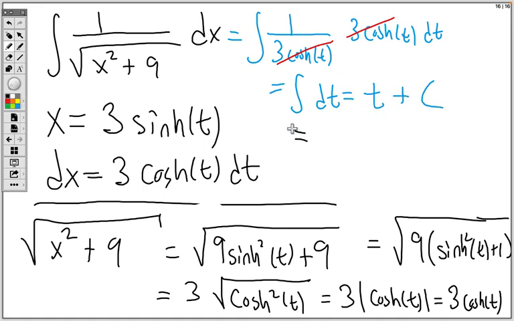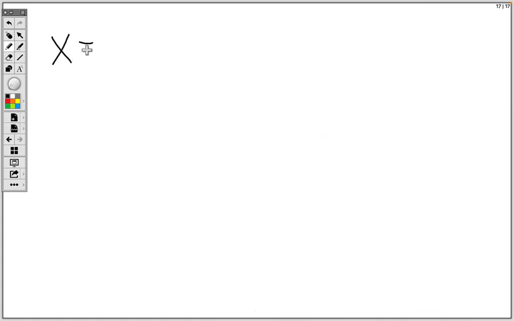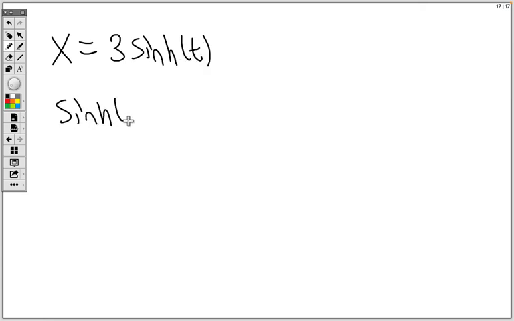And what's t? Well, x was 3 times the hyperbolic sine of t, which means the hyperbolic sine of t is x over 3. And you may or may not recall the hyperbolic sine is invertible. It's a difference of exponentials. It's one to one.